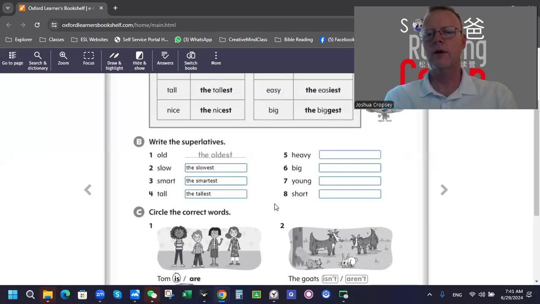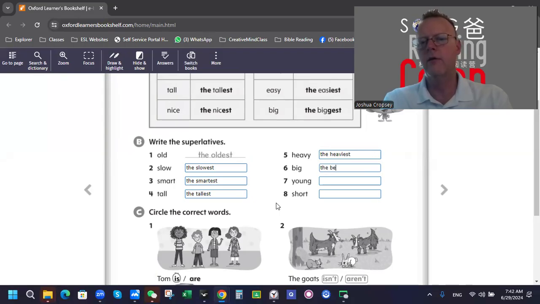Heavy, the, ooh, it's got a Y in the end. We've got to change the Y to an I, add EST. The heaviest. Big, there's a three-letter word with a vowel consonant ending, so we got to double the ending. The biggest.